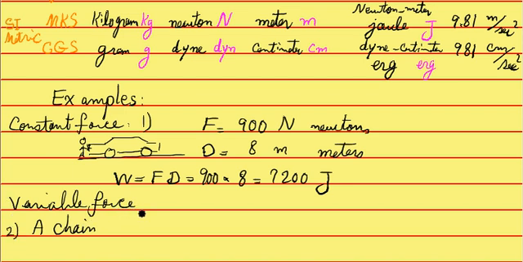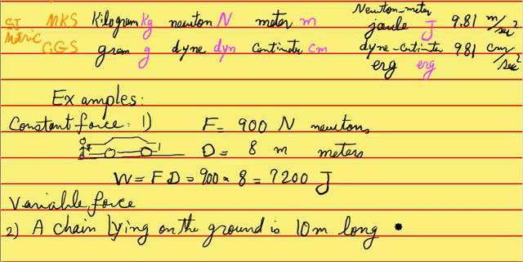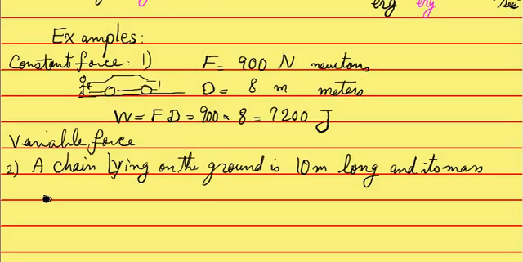A chain lying on the ground is 10 meters long, and its mass is 80 kilograms.